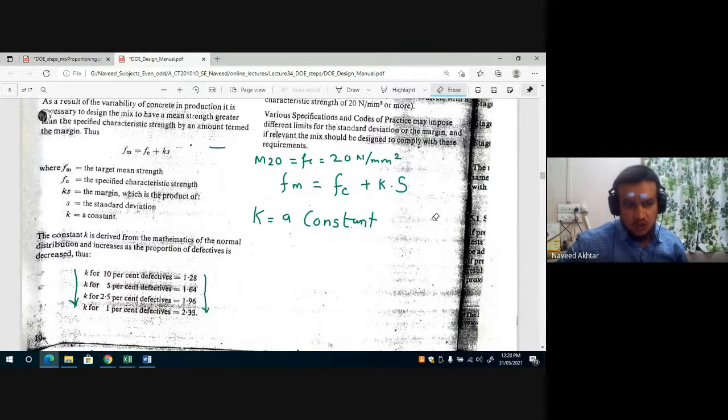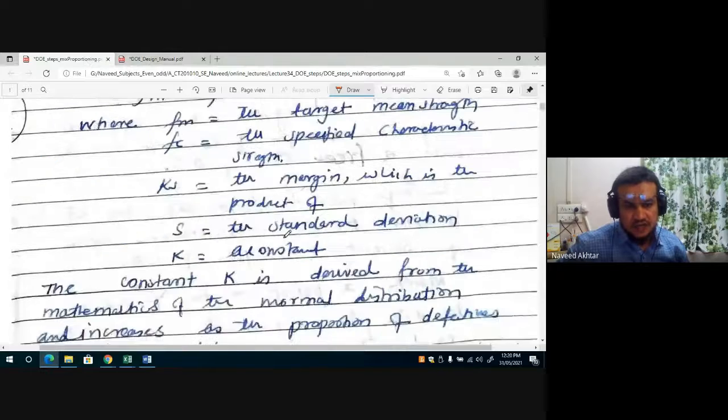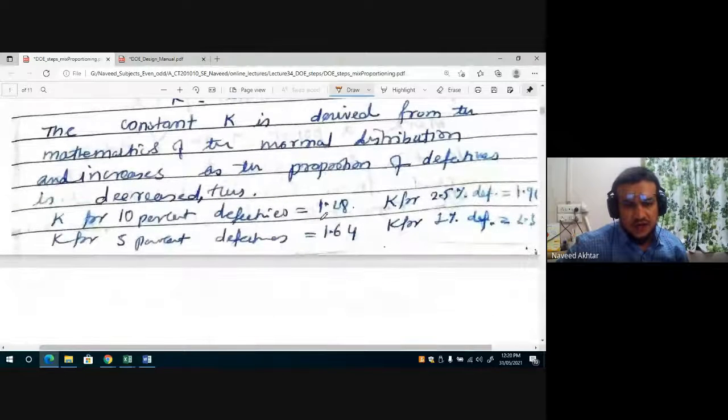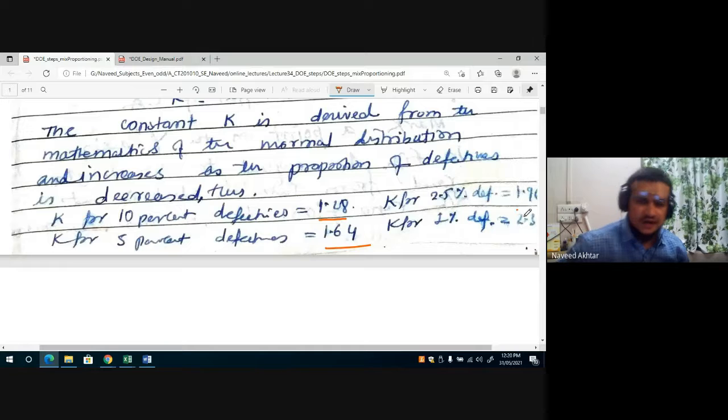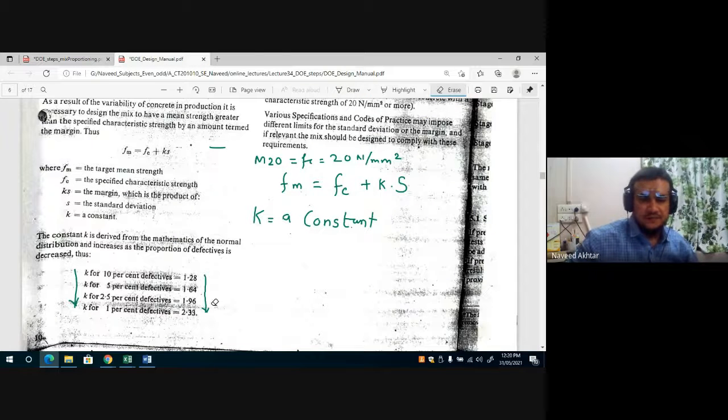So K is equal to 1.28 for 10%, 1.64 for 5%, 1.96 for 2.5%, and 2.33 for the 1% defectiveness.